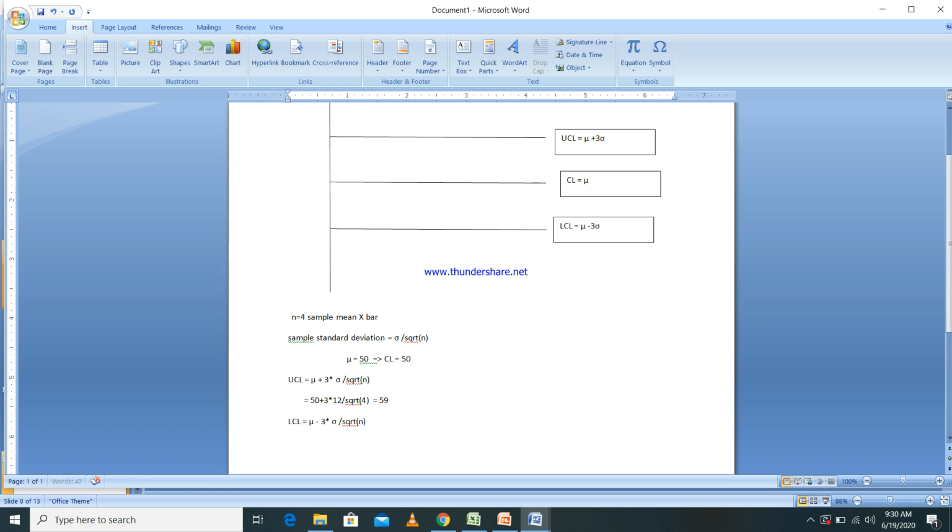If I substitute the values here, the mu value is 50 minus 3 times sigma, which is 12, divided by the square root of 4, since n is 4. So you have the value as 32.